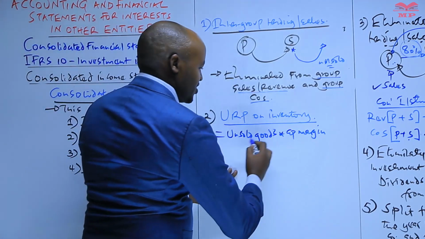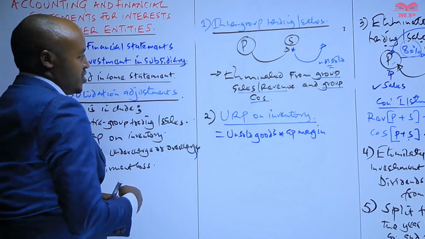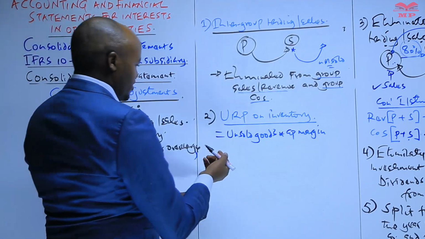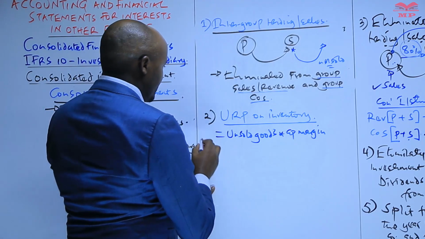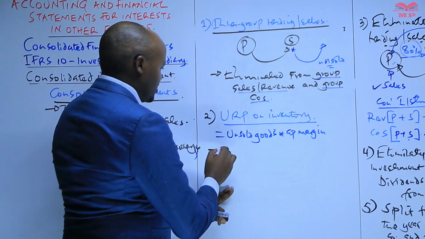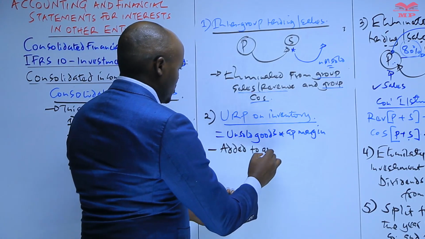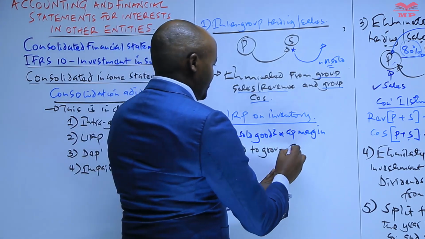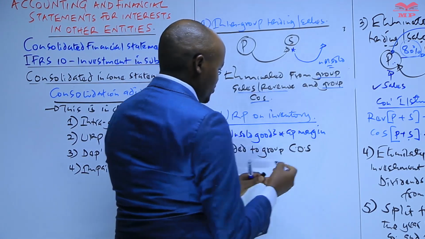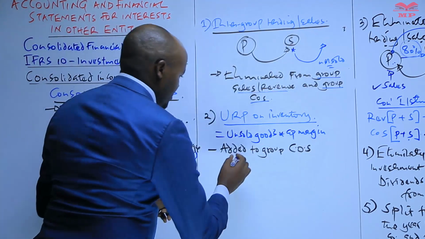This is how we compute it. So this unrealized profit on inventory, when preparing the consolidated income statement, is supposed to be added to the group cost of sales.